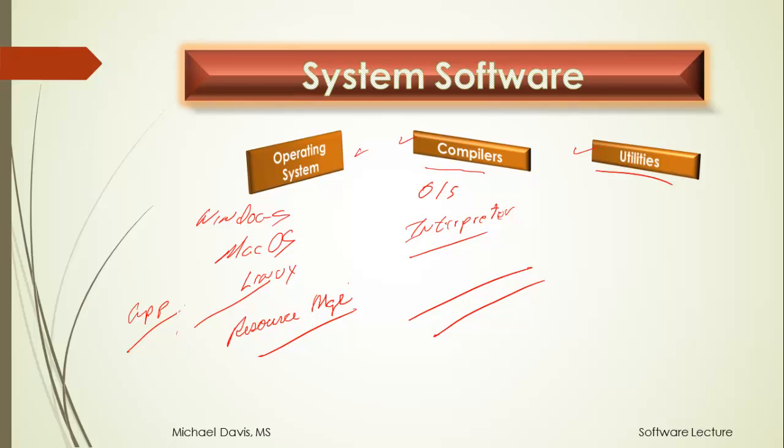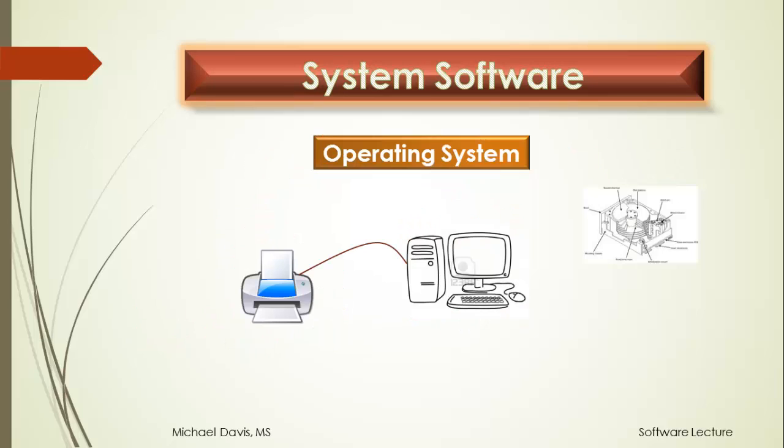Now let's take a look at a little more detail about the operating system. Now what you see here is a picture of a computer, and you see it's attached to a printer, and I see a graphic of a disk drive. And you have to understand that that disk drive that you see pictured right here is actually inside this case right here, installed.